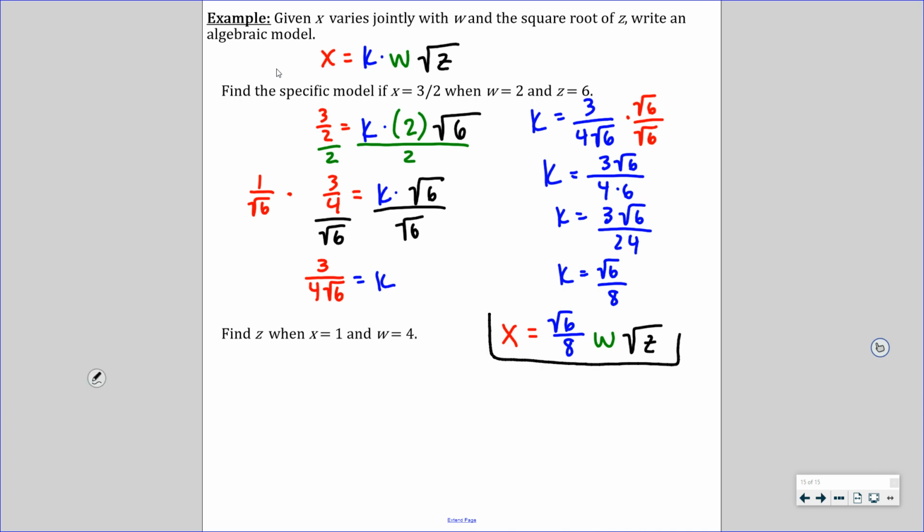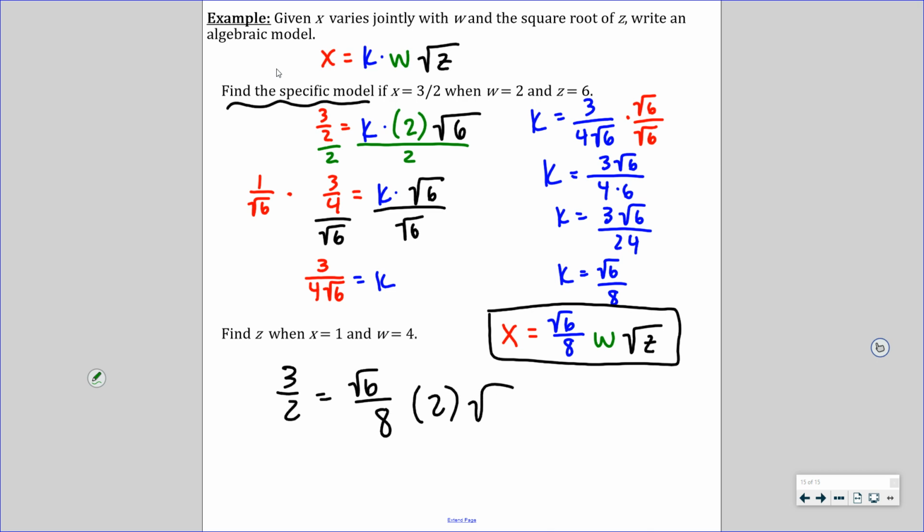This is actually the answer to this question. Find the specific model. The only thing you plug in is the k value. Don't be that person that plugs in a bunch of numbers. If your answer looks like this, that should be like, I'm doing something wrong. When have I ever seen a model that looks like just numbers, right?